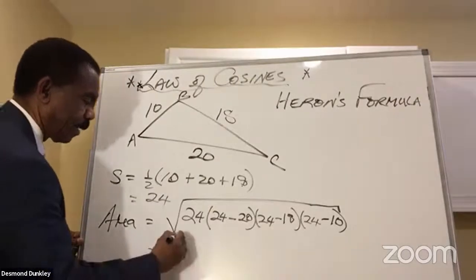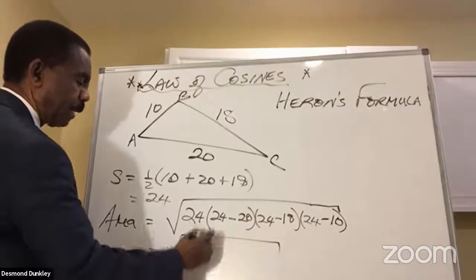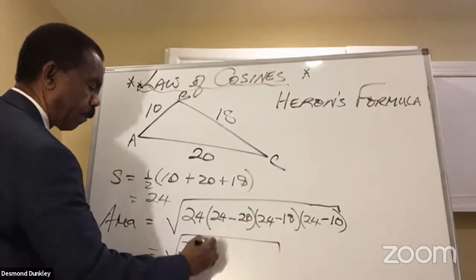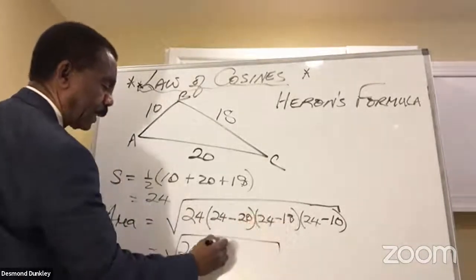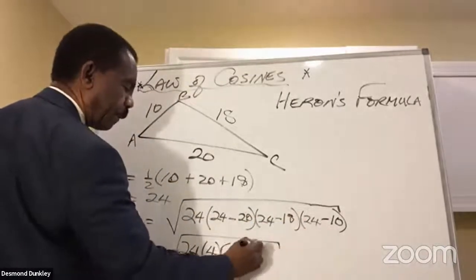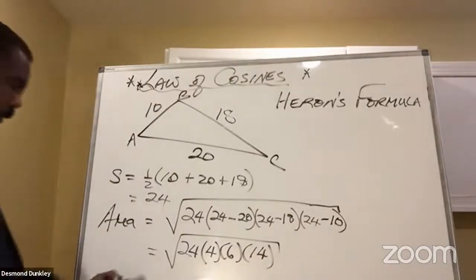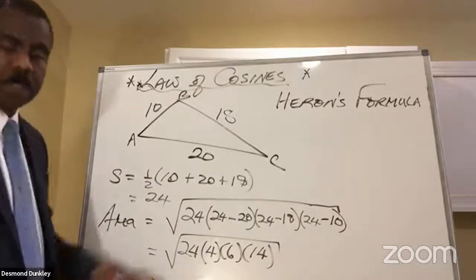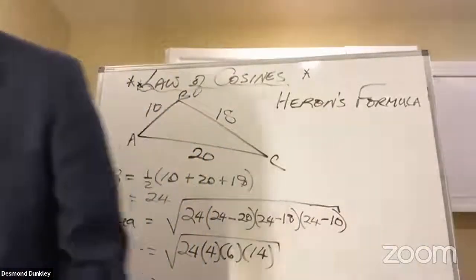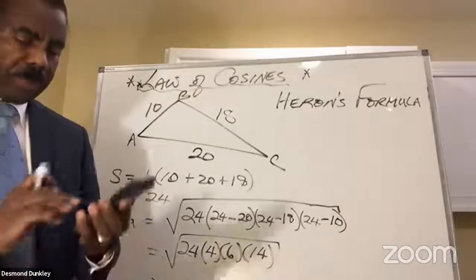So this gives us 24 times 24 take away 20 is 4. 24 take away 18 is 6. 24 take away 10 is 14. And all we have to do is to take our calculator and find the square root of this product.